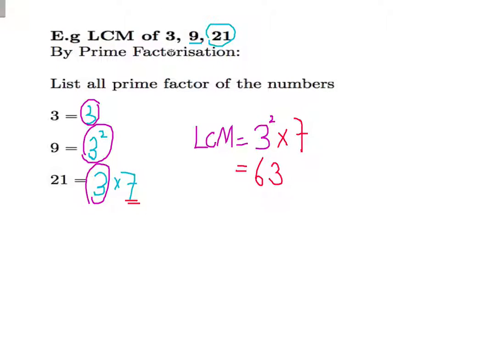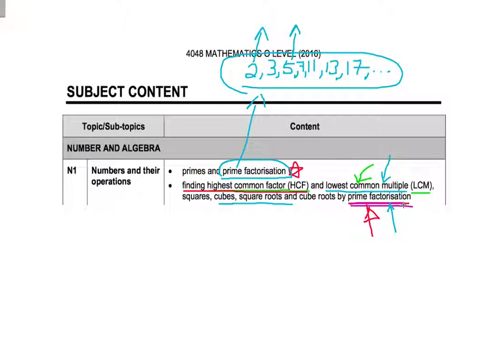You can double check by listing it out, but there's no need, because during the exam it is very tedious. Imagine writing 3, 6, 9, 12, all the way to 63. This method is the easiest, and it is what the syllabus requires.